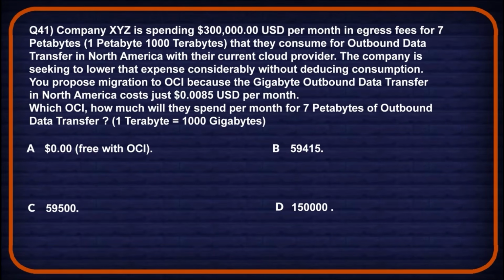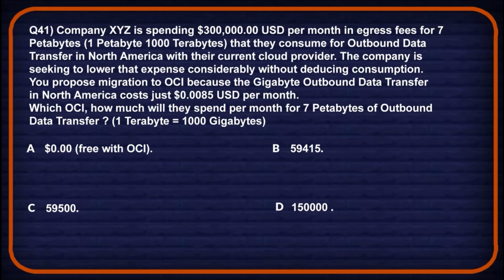Okay, let's look into question number 41. Company XYZ is spending 3 million USD per month in egress fees for 7 petabytes (1 petabyte is 1000 terabytes) that they consume for outbound data transfer in North America with their current cloud provider.